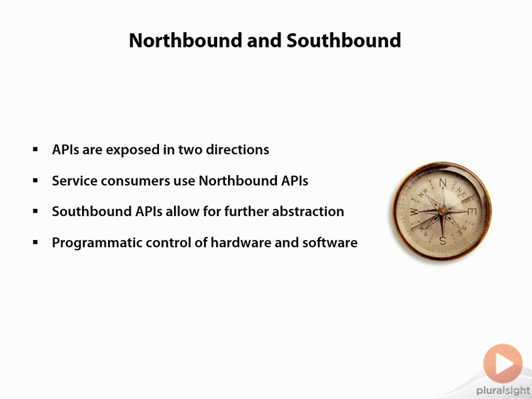This allows for flexibility and programmatic control of hardware and software. And by programmatic, we mean, through traditional web programs or even executable and binary programs or simple scripts. We can use those RESTful methods in order to access these APIs for both hardware and software layers.